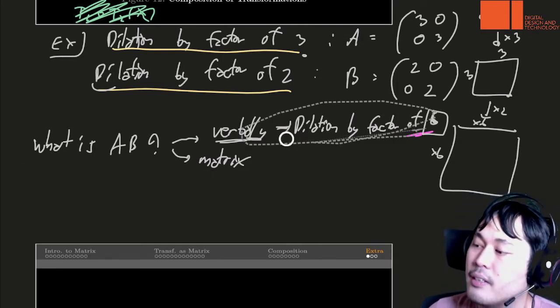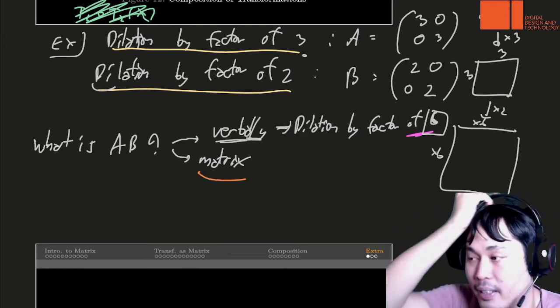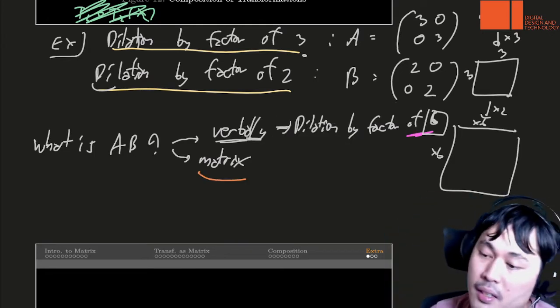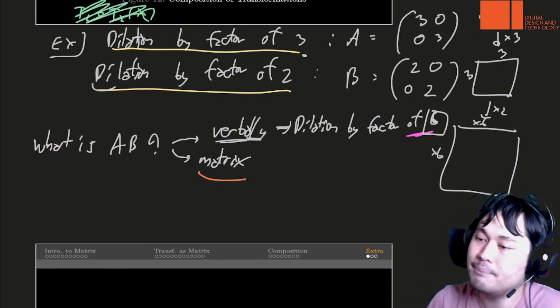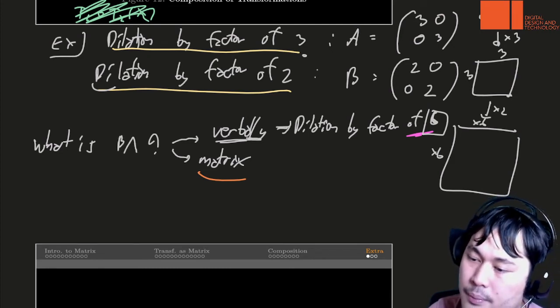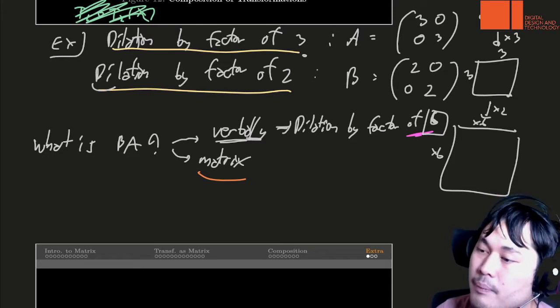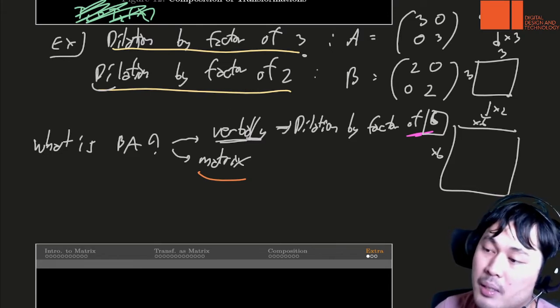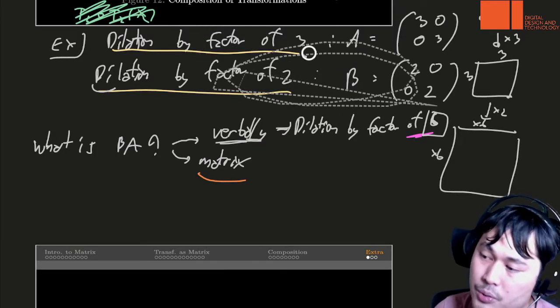So that's describing it verbally. What about matrices? How do we combine these two transformations using matrices? Oh, sorry, it should be B times A. My bad. Because by the way we described it, we multiply by 3 first, and then we multiply by 2.